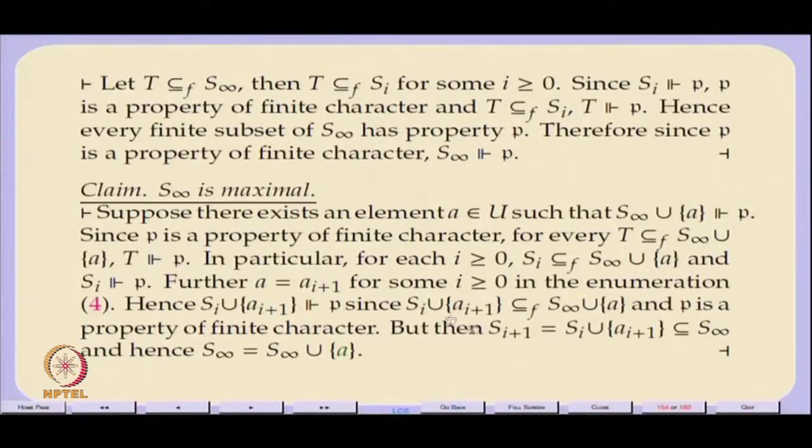So, since every subset of S infinity union A has this property P, in particular S i union A i plus 1 would have this property P. But S i union A i plus 1, if it has this property P, is just S i plus 1, and therefore S infinity is the same as S infinity union A. Therefore, you cannot extend S infinity anymore, and therefore it is maximal.